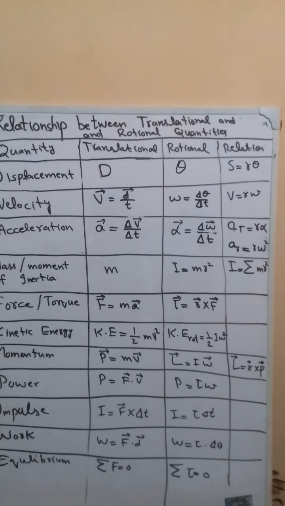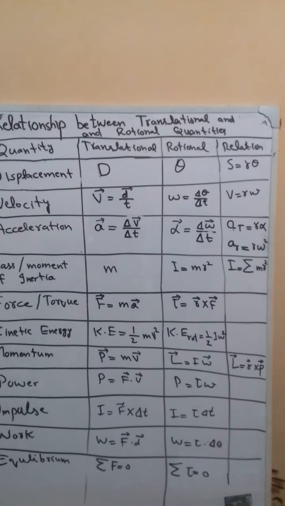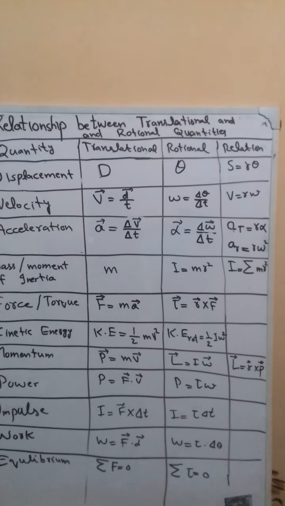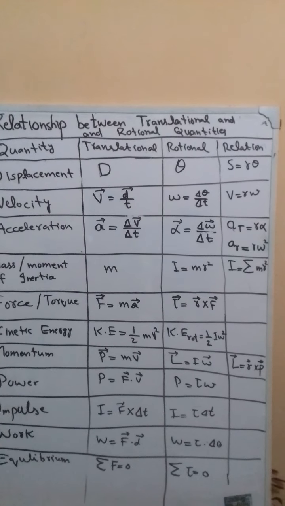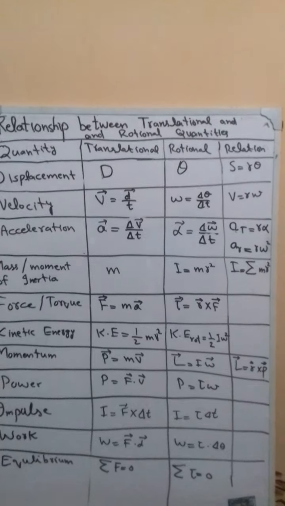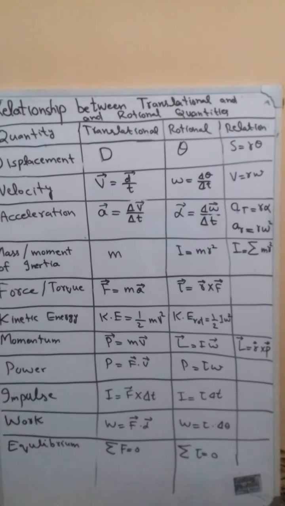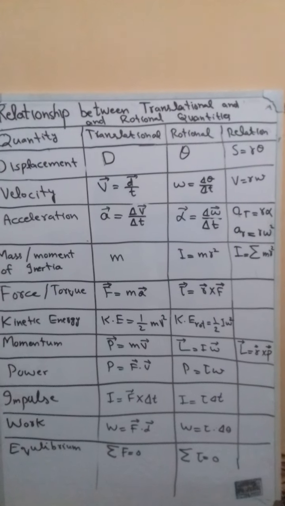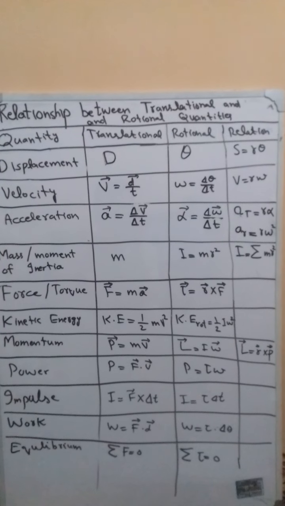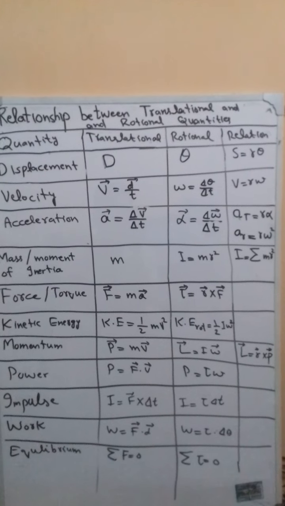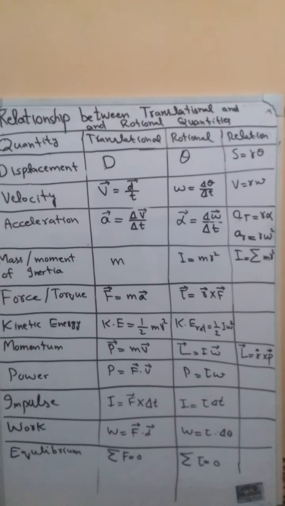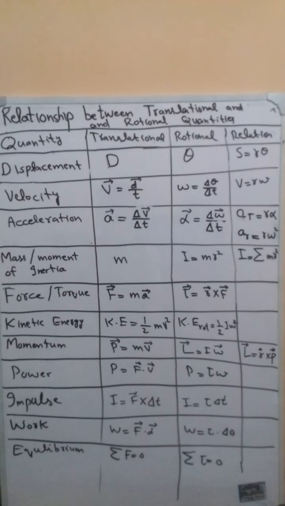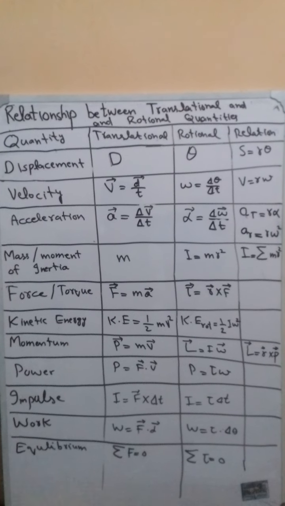There are two relationships between translational and rotational for the acceleration. a_t means tangential acceleration. Tangential acceleration is equal to r alpha, and the radial acceleration is equal to r omega square. Omega is angular velocity, r is radius.